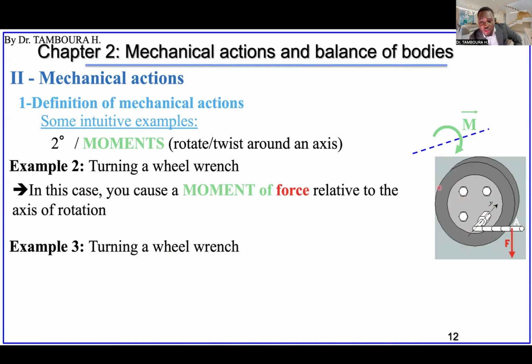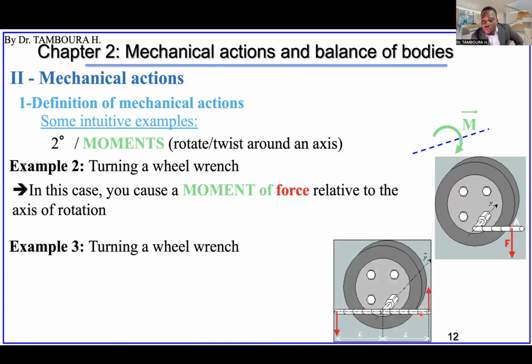Okay, in the case of a wheel, same case, but in this case you are using two forces, this force and this force. You are rotating at the same time, right? So in this rotation, each force has its distance between the force and the rotation axis.